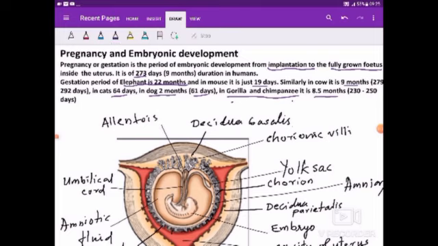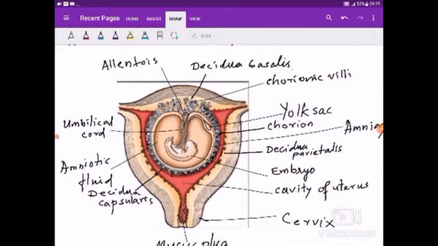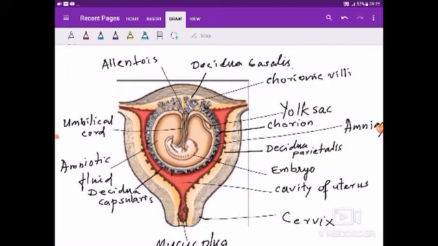Now let us look into this diagram which shows the uterus of a human female with a developing embryo inside.